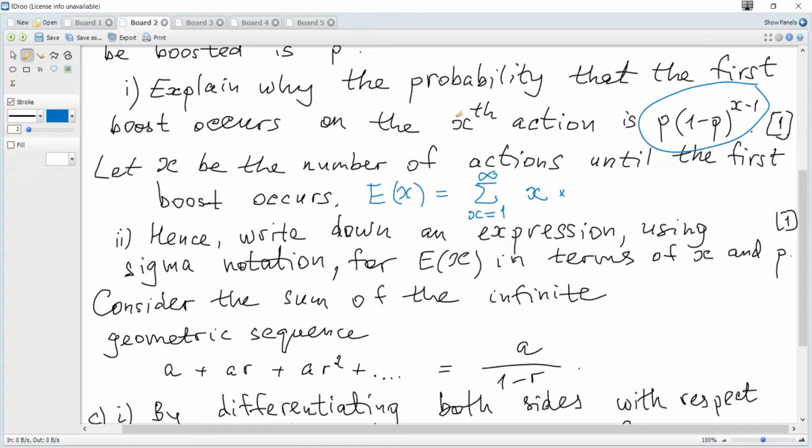It's clear that the probability that the first boost occurs on the x action is this value. So x multiplied by p, 1 minus p to the power x minus 1.